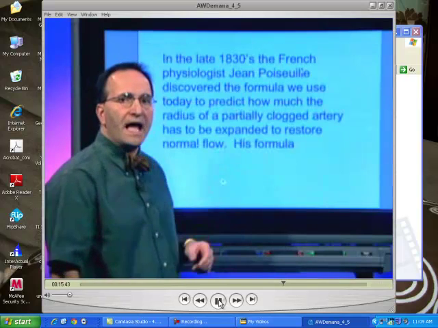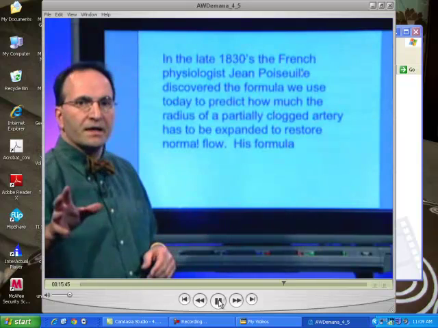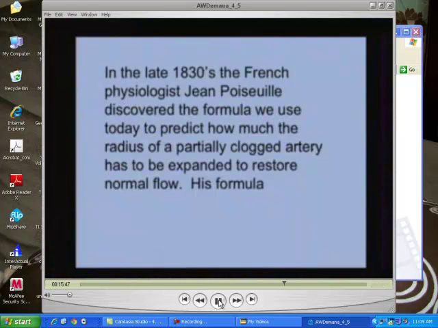Let's say that we have the following word problem. In the late 1830s, French physiologist Jean Poiseuille discovered the formula we use today to predict how much the radius of a partially clogged artery has to be expanded to restore normal flow.